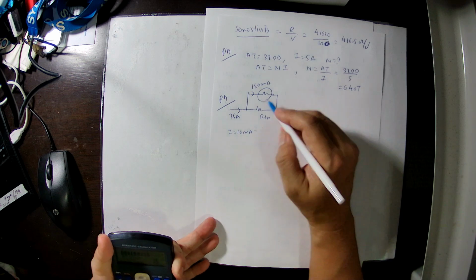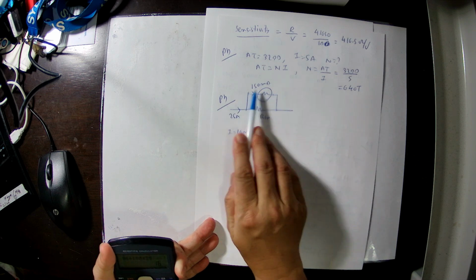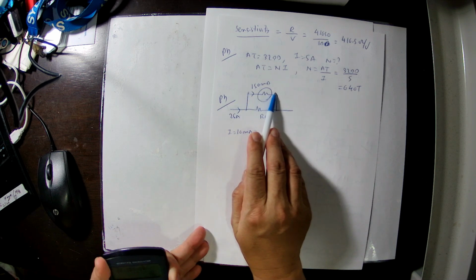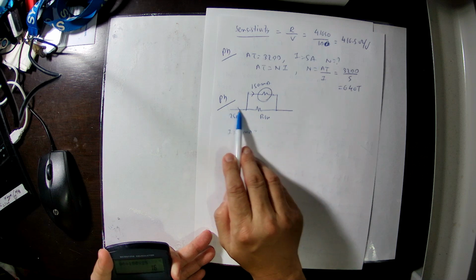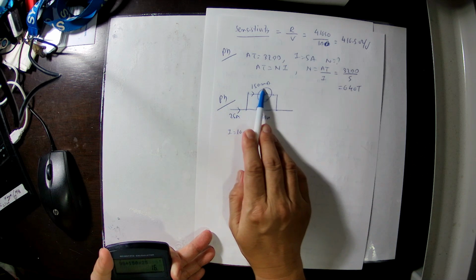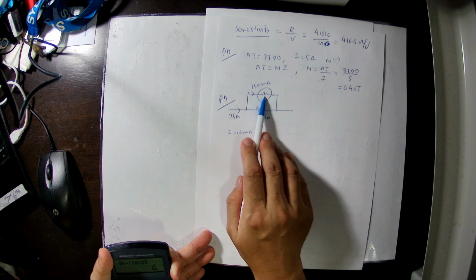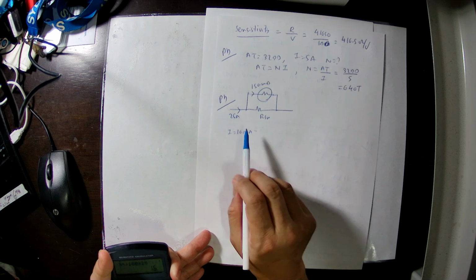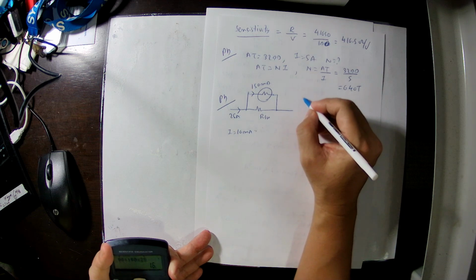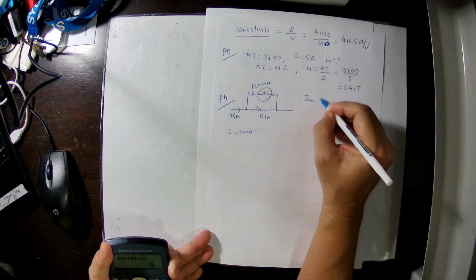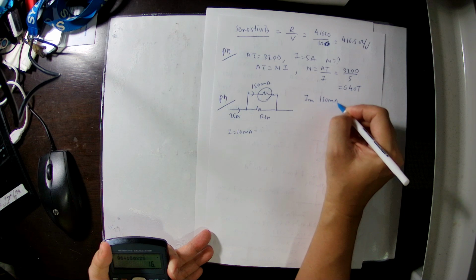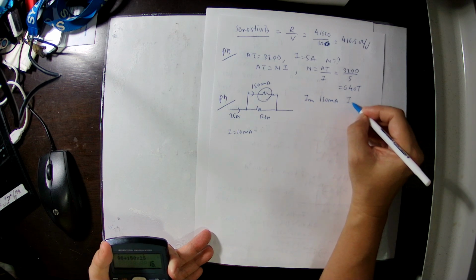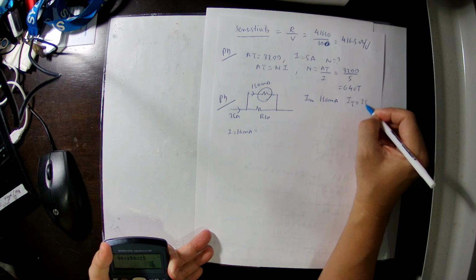So when the meter full scale deflection is 150 milliampere, the supply current is 25 ampere. If meter current is 96 milliampere, what is the supply current? So this way, meter IM is 150 milliampere, the total current IT is equal to 25 ampere.